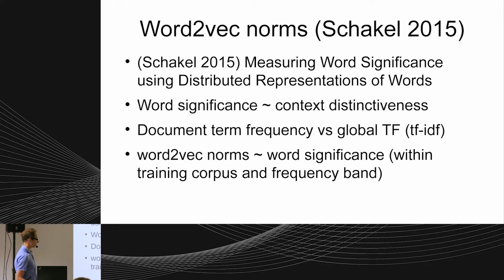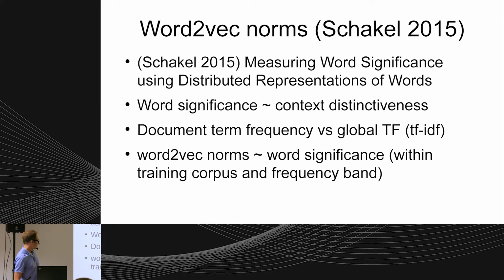And of course, they mention that there's document term frequency, which can be used with the global or corpus document frequency to basically do the same thing. That's called TF-IDF.